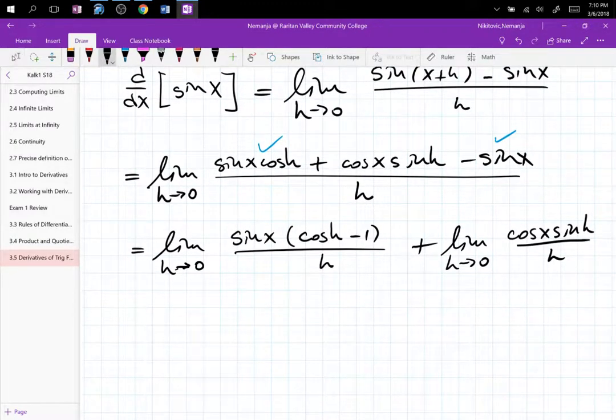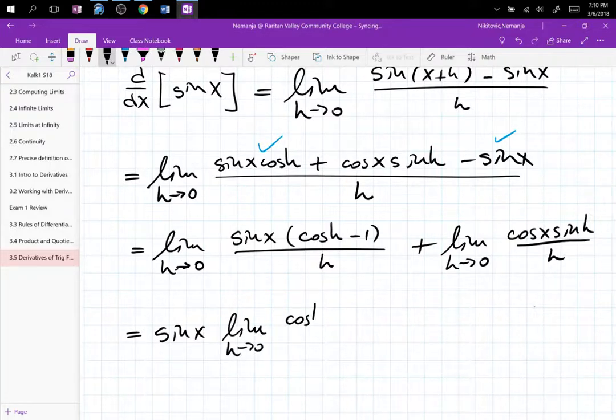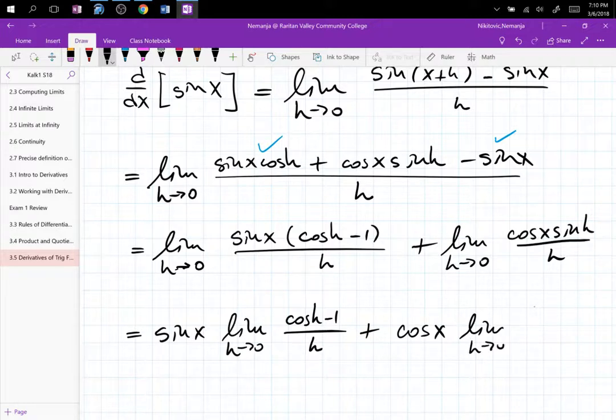Now, the limit is operating on the variable h, which means that x is constant, so we can kick these in front of the limit. So we have sine x times the limit as h goes to 0 of cosine h minus 1 over h. Plus, over here I can kick cosine x out and leave the limit as h goes to 0 of sine h over h.